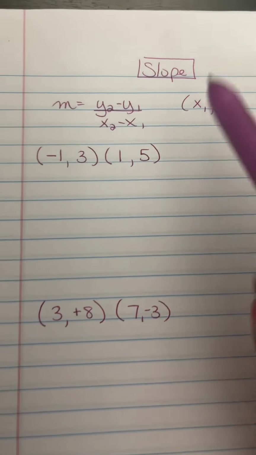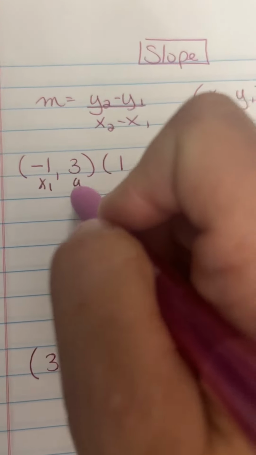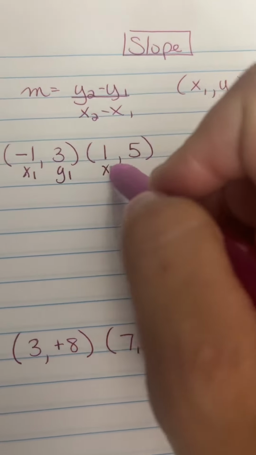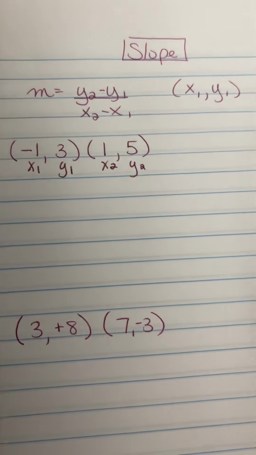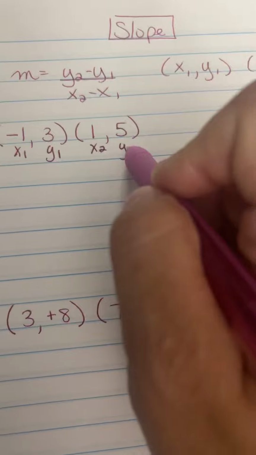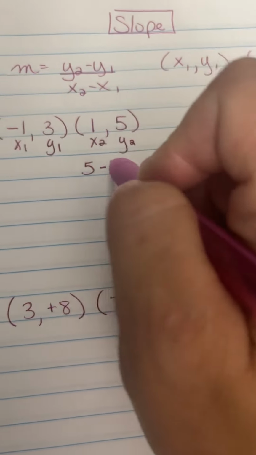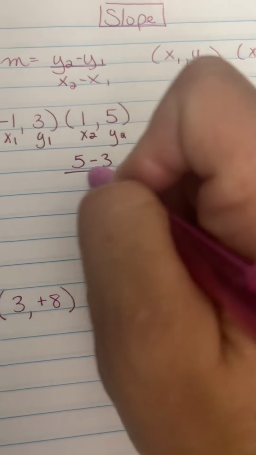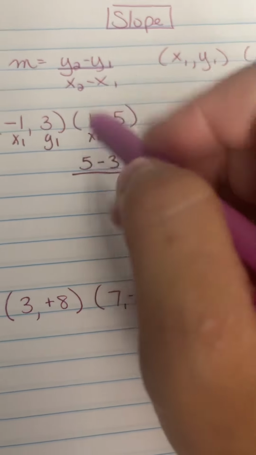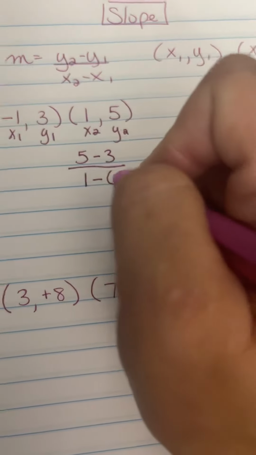So when you do these problems, your first step, you want to identify this is x1, y1, this is x2, y2. When we plug this in, we're going to use this formula. So y2 is 5, minus y1 is 3, all over x2 is 1, minus x1 is -1.